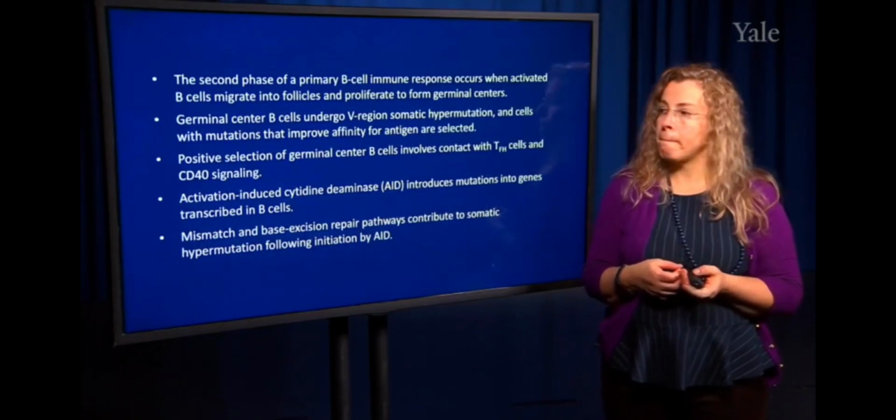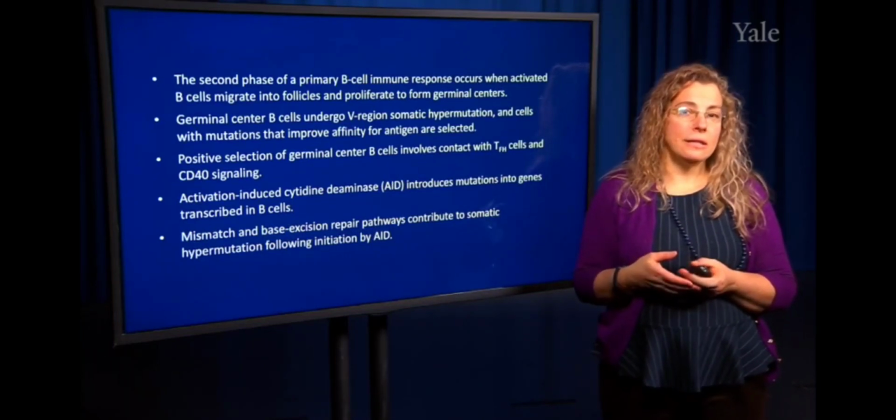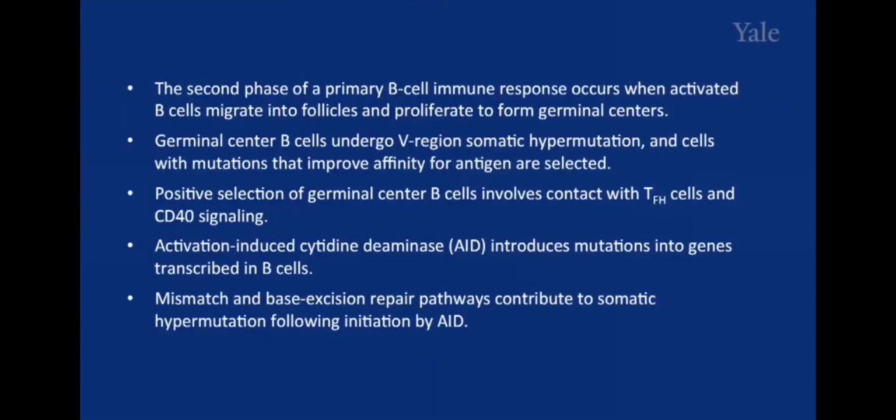The second phase of B cell activation by T cells occurs with the formation of a germinal center. In germinal centers, the B cell receptor or antibody will actually undergo somatic hypermutation.